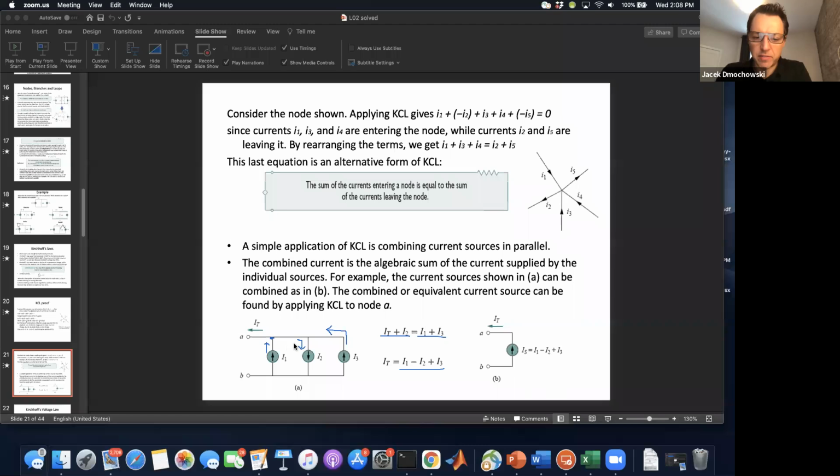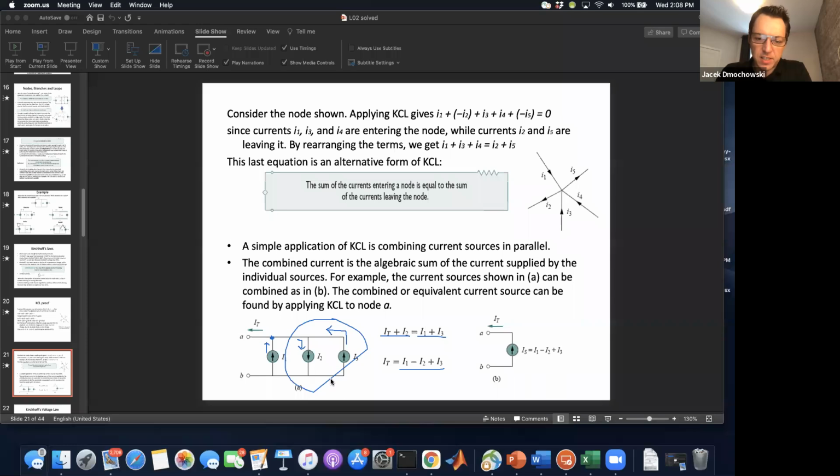I think what confuses people is these two here. Sometimes you don't immediately see that these two currents all have to end up passing through this node.